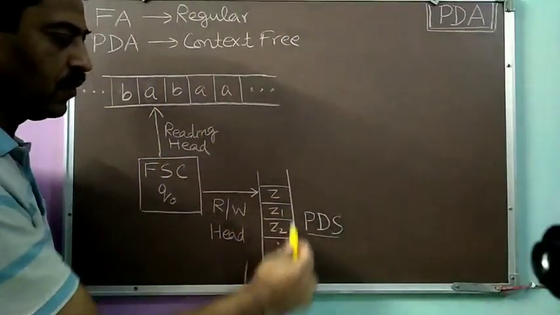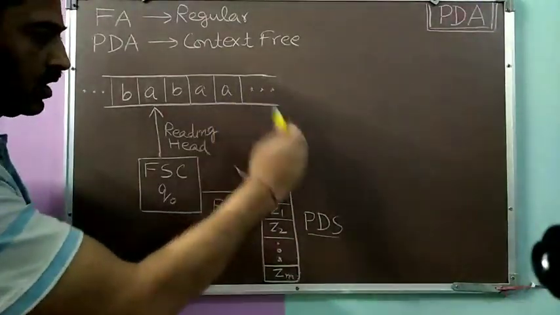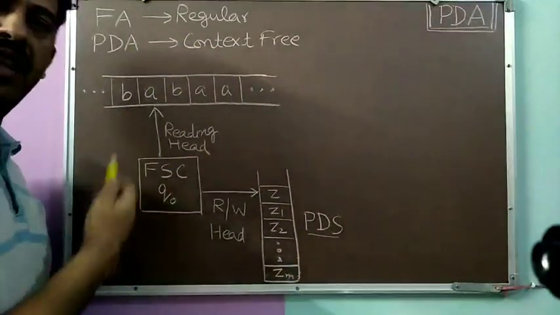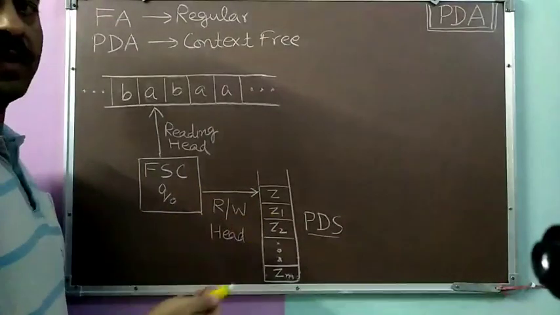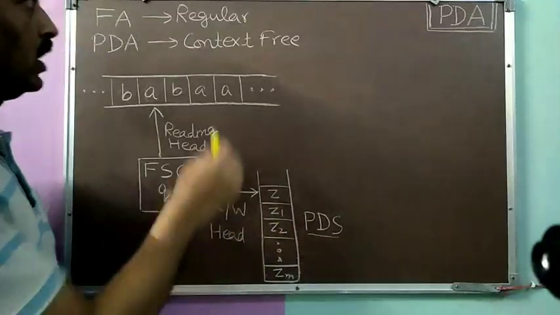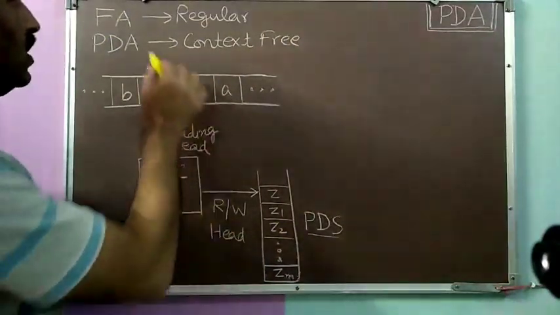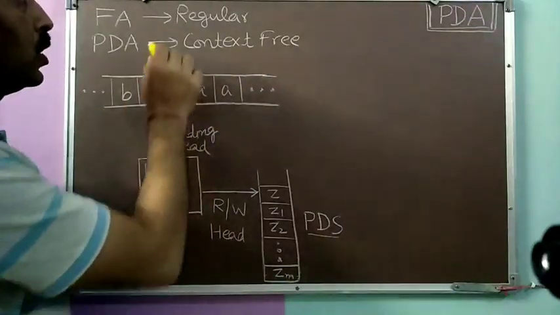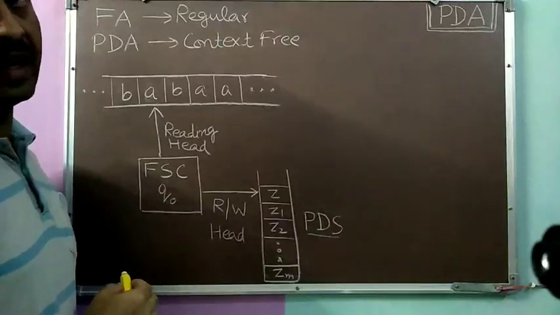This addition is in the form of a stack, so we have an additional memory. It is a more powerful machine than the finite automaton, so its capability of representation is also higher. That's why FA is only able to represent the regular languages, while our PDA is able to represent context-free languages as well as the regular languages.